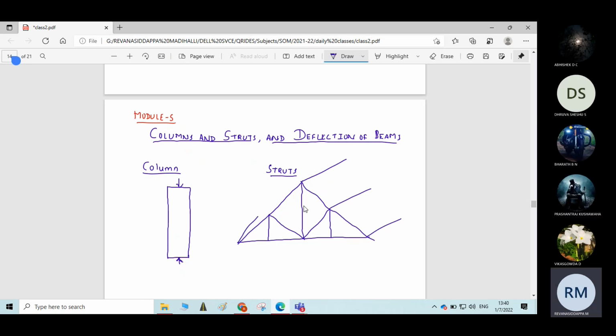Whatever members we have here, all these members are called struts. Struts are also members which carry the axial force, but they are inclined, and the force induced will be compression.